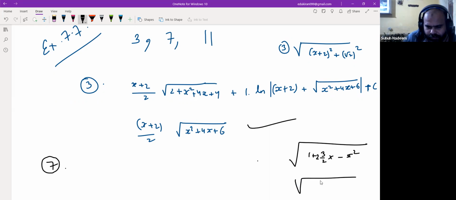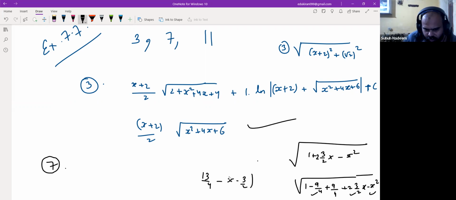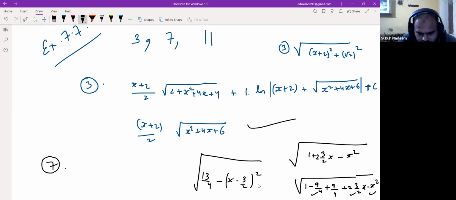So it will become 1 minus 9 by 4 plus 9 by 4 and plus 2 into 3 by 2x minus x square. So this will combine and this will be 13 by 4 minus (x minus 3 by 2) whole square under root, x square minus plus 3x, and then minus 9 by 4.